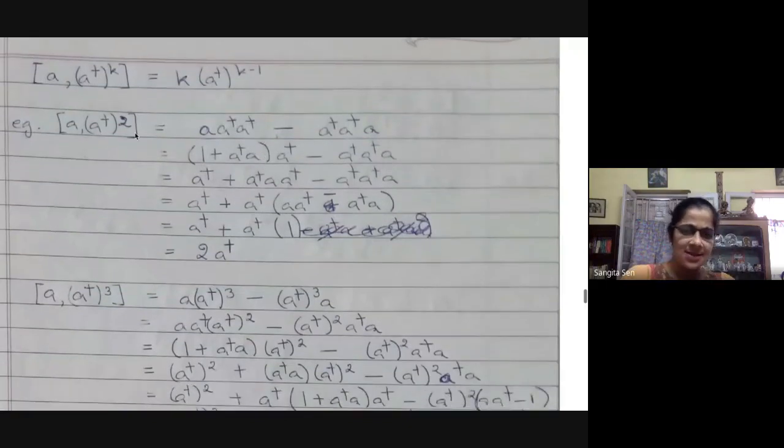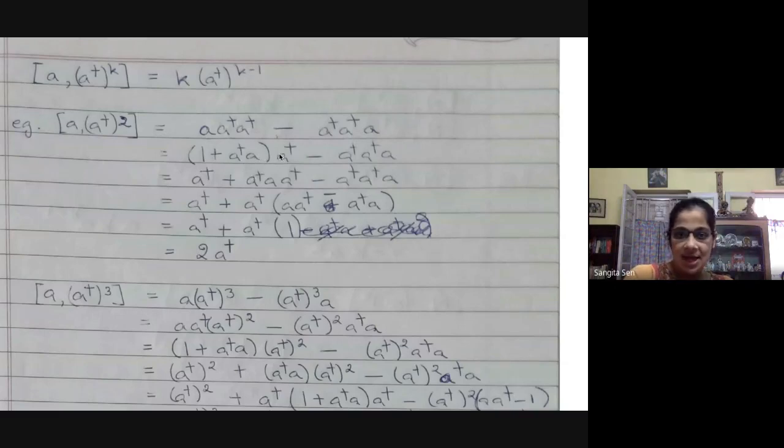To see that, let's just take an example of k equal to 2, and we open this up. So A dagger, and then A dagger A. Those are the two terms of the commutator. Then I move this A to the right of A dagger. To do that, I write A A dagger is 1 plus A dagger A.